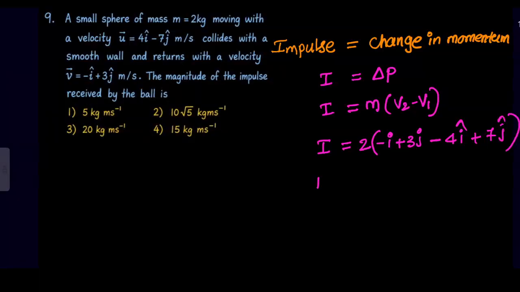Then how much is the I value? 2 into minus 5I cap plus 10J cap. See the signs properly.